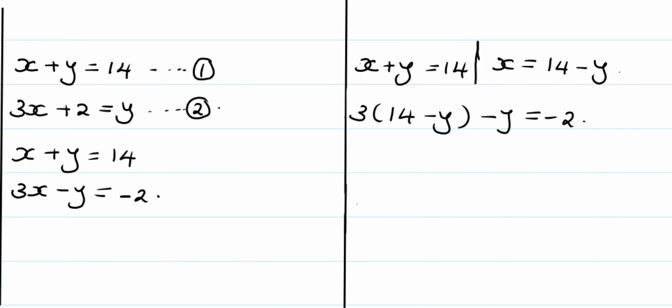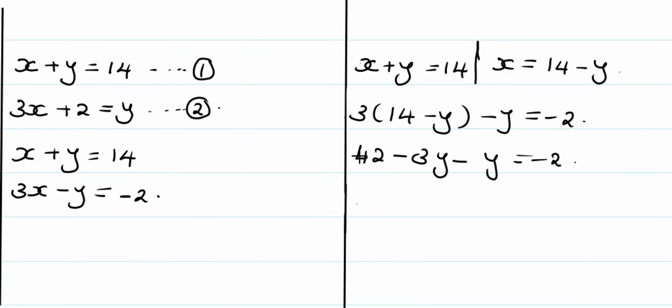And from there, we can just open the brackets, and it will be 3 multiplied by 14, which is 42, minus 3 multiplied by y, which is 3y, then minus this y here is equals to negative 2, like that.